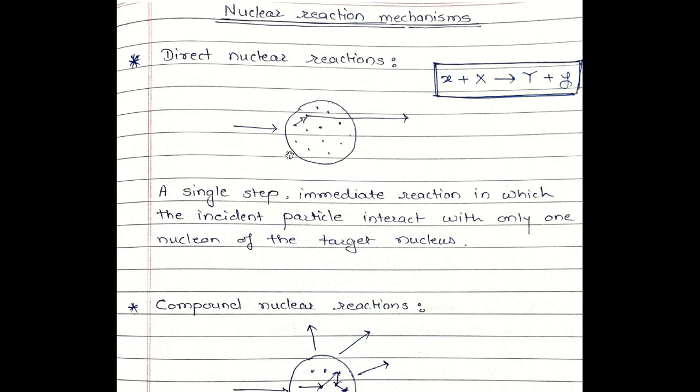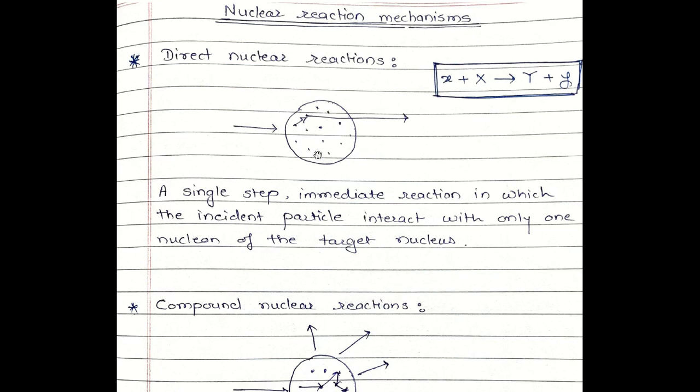So what will happen in the compound nuclear reaction? The incoming particle x will give its energy to one nucleon. It will go to the excited state, and while coming down, it will excite the neighboring nucleon. This will disturb another neighboring nucleon, and in this way the energy of the whole system will be changed just because of the entry of this lighter particle x.